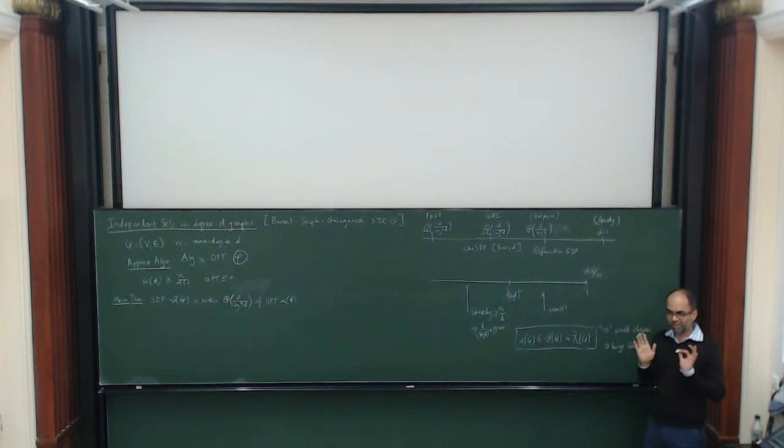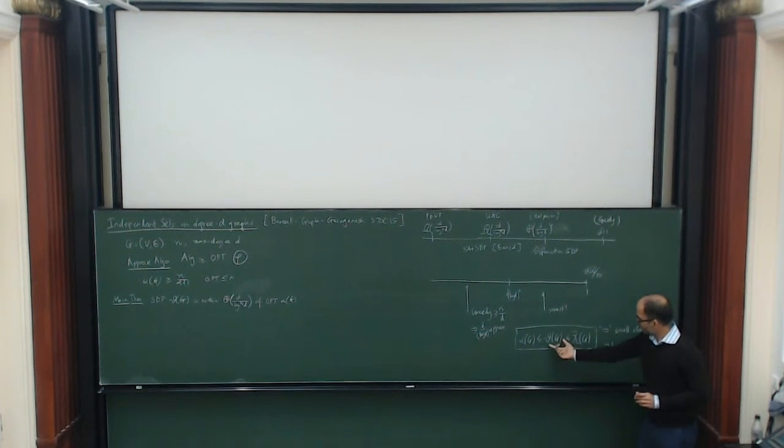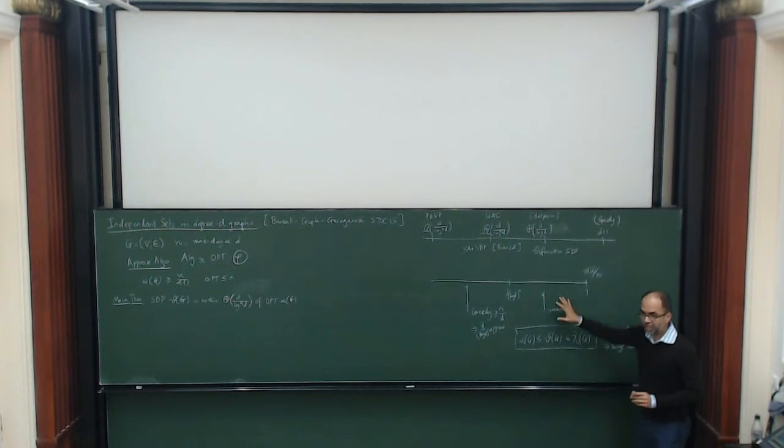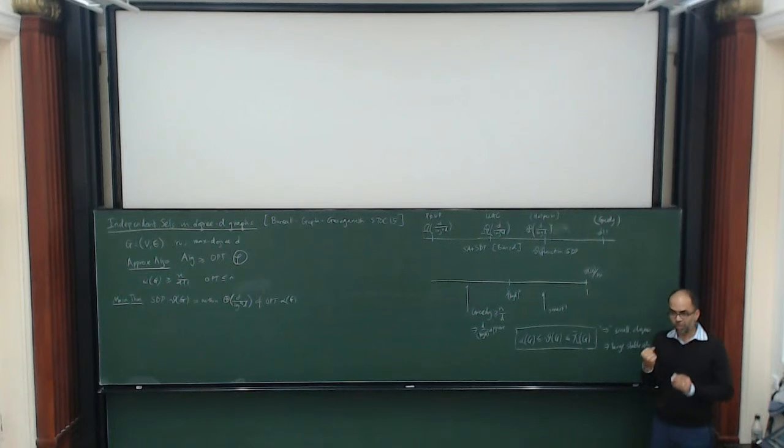So that's the moral of the story. I'm somehow saying that if the theta function is small, then greedy is good. If the theta function is large, then by Ramsey theory, I should pull out a large independent set. Okay? So let's make this precise. We good so far? We happy with whatever we've seen? Okay.